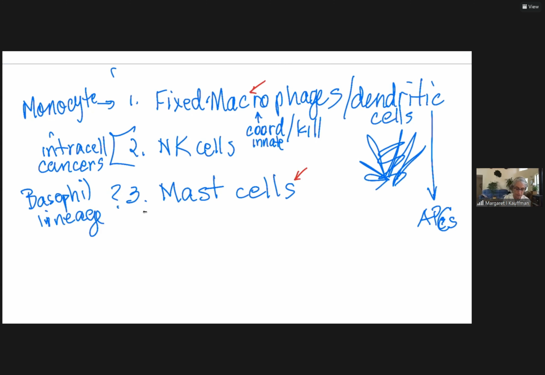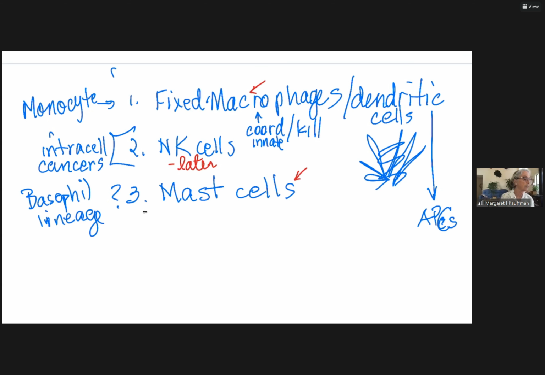And then later we'll discuss what happens after the virus invades a body cell. Then you have to have a natural killer cell. But as the very initial response, when we have just pure virus or bacteria or fungi that's gotten through your barrier, and now it's in the tissues, the first ones to act are going to be these fixed macrophages and the mast cells.